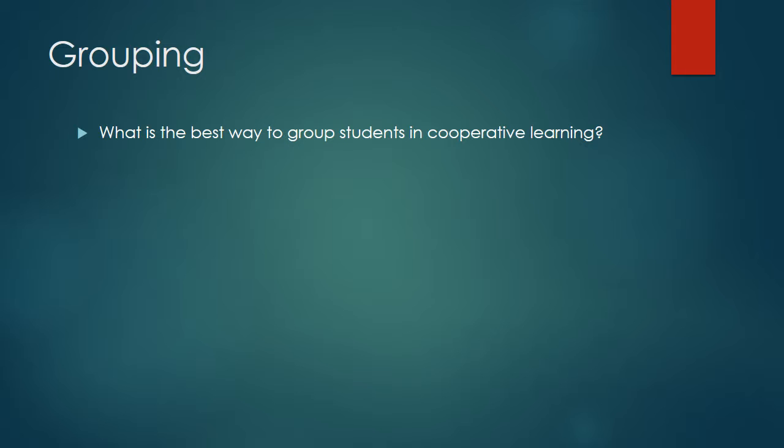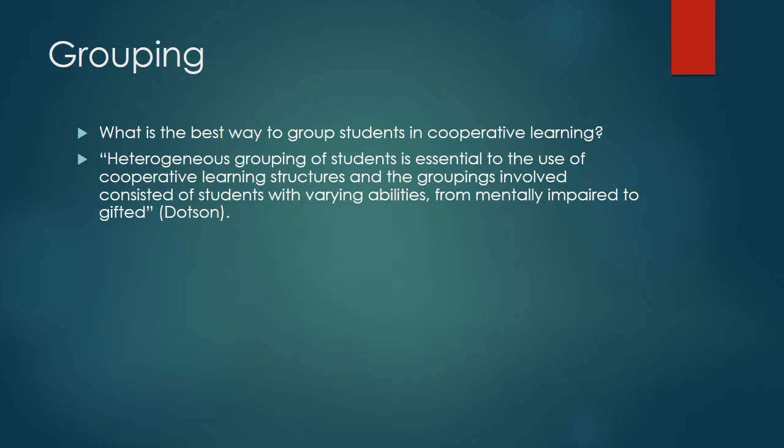According to Dotson, heterogeneous grouping of students is essential to the use of cooperative learning structures, and the groupings involved consisted of students with varying abilities from mentally impaired to gifted. So she's talking about putting students together that have different levels of ability.